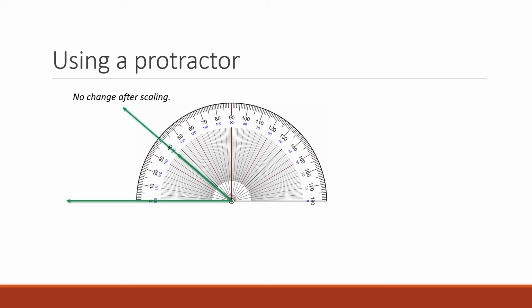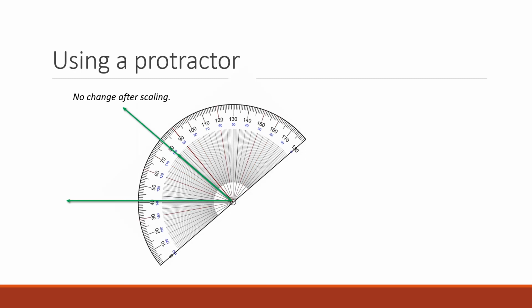Now, you don't necessarily have to line the first ray up to 0, because if I start with, say, 40 degrees, the rotational viewpoint allows me to see this as rotating from 40 degrees to 80 degrees, which also tells me that this is 40 degrees in measurement.